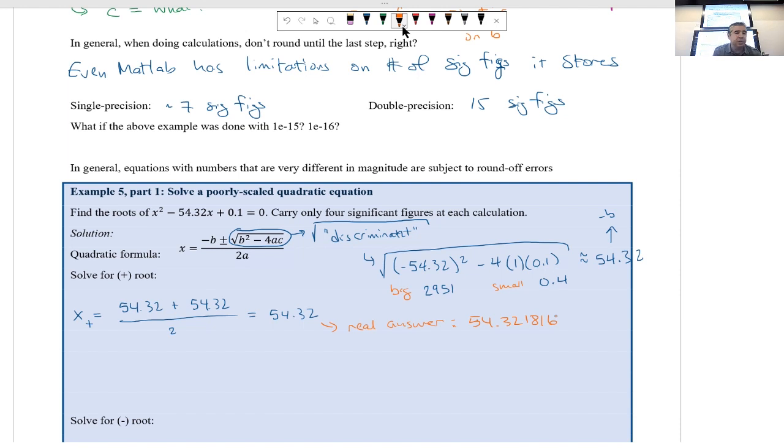And in fact, if I calculate the relative error here, I'm not going to do the calculation, but it ends up being only 0.04%. So as far as normal calculations go in this class, or in most of your chemical engineering classes, this is a good approximation to the right answer. So carrying 4 sig figs is fine.